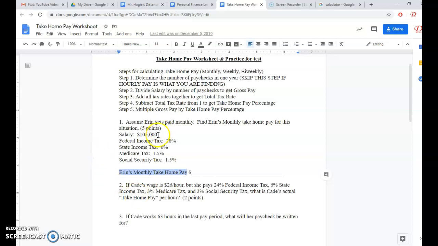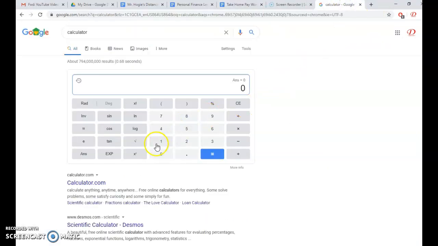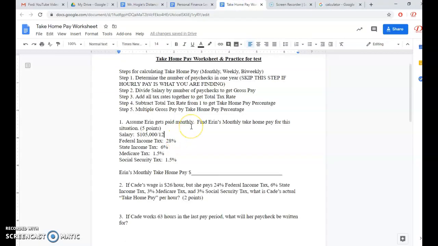All right, so what we can do first is we can divide 105,000 by 12, right? So we take 105,000 and we divide it by 12, and we get 8,750. Now, step 2 says to divide the salary by the number of paychecks.